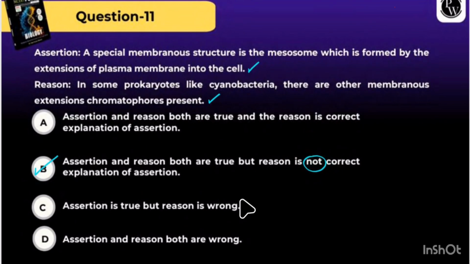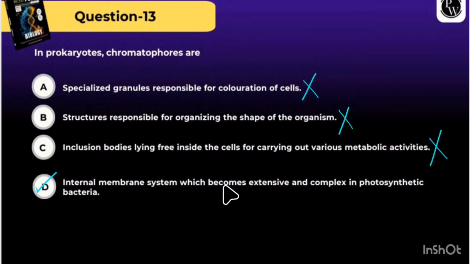A special membranous structure is mesosomes, formed by the extension of the plasma membrane into the cell. The reason says that in some prokaryotes like cyanobacteria there are other membranous extensions, chromatophores. Both are true, but not a correct explanation of each other. In prokaryotes, chromatophores are an internal membrane system which becomes extensive and complex in photosynthetic bacteria.